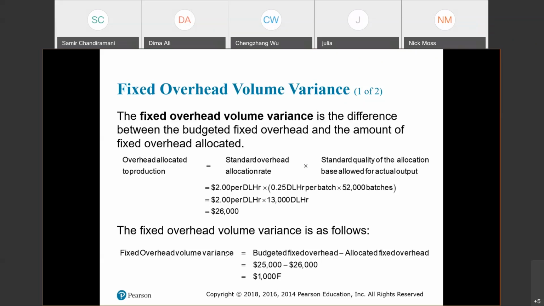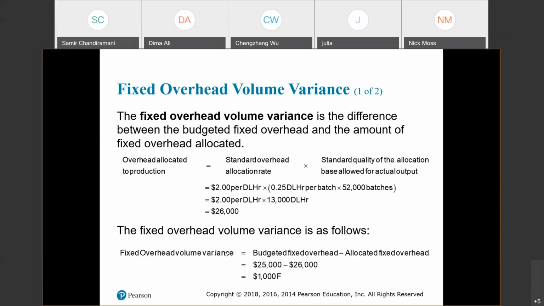This number is also favorable because the company makes more batches of crayons than the originally budgeted amount. In other words, based on the standard of fixed overhead, the company has over-allocated fixed overhead by $1,000.